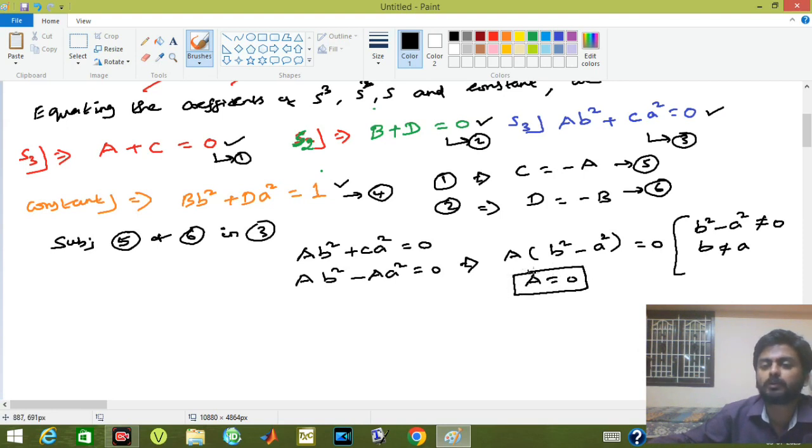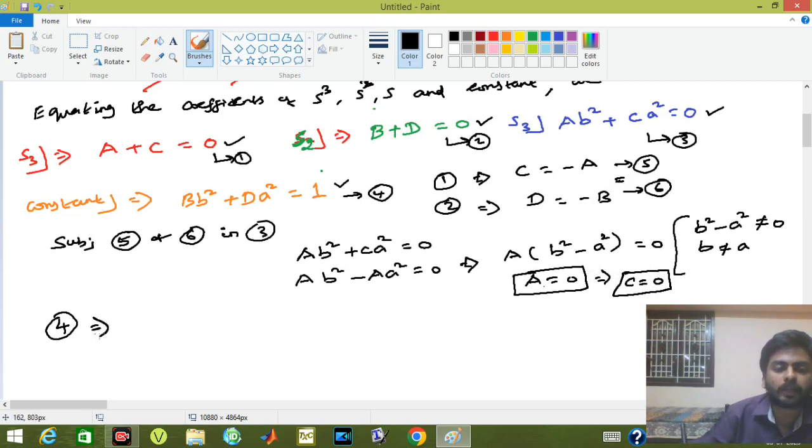If a equal to 0, then from equation 5 you will have c equal to 0. So now equation 4 implies b² plus da² equal to 1.